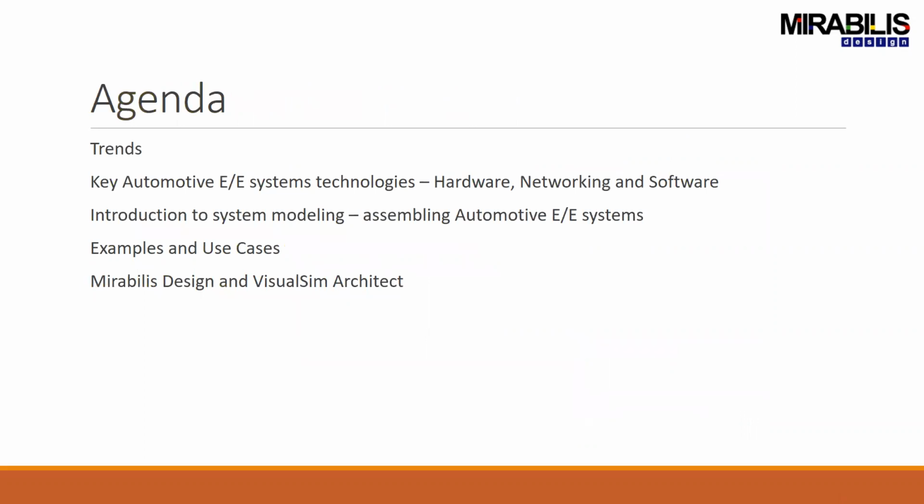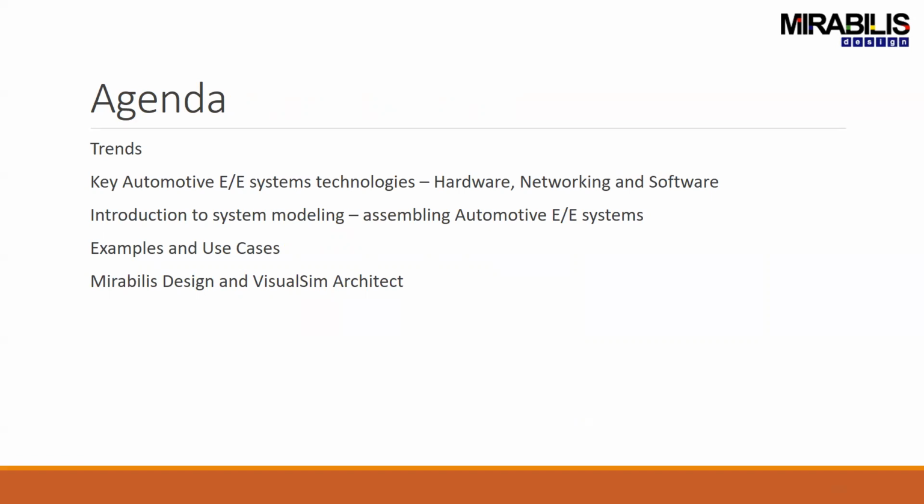So the agenda for today's session comprises the following topics. We'll first look at the trends and challenges in typical automotive E systems, then the key automotive E system technologies, which cover the hardware, networking, and software aspects.